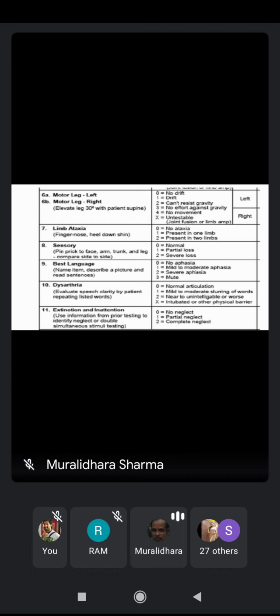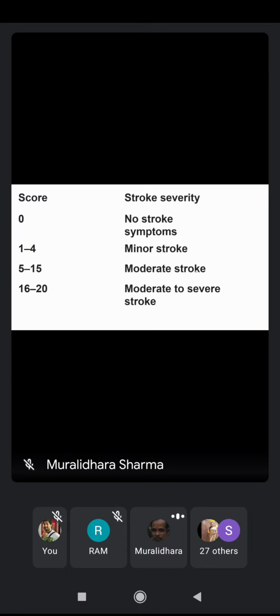And if the patient has intellectual inattention, extinction, like the patient is not giving attention to whatever you are saying, conscious but not relevant, then again the score will be 0 to 2. This way you may have a scoring, and depending upon the score, you can select whether you can treat the patient or not.